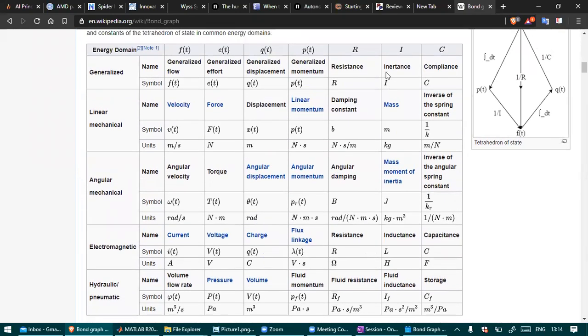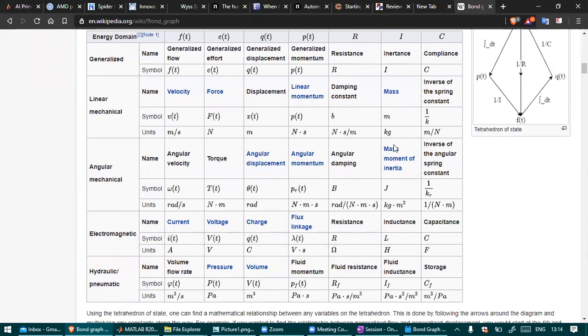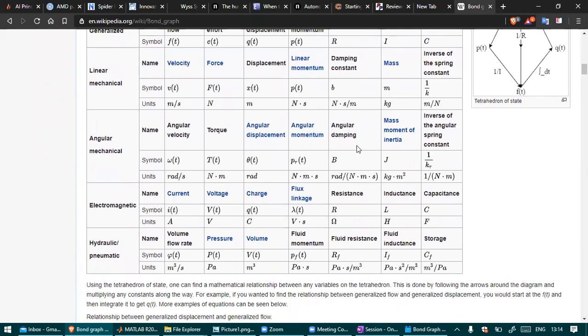Regarding the three elements that we can identify in these systems, for mechanical systems, we talked about damping, mass, and spring. For angular mechanical system, we have angular damping, moment of inertia, and angular springs.